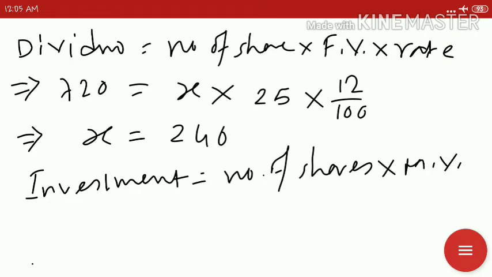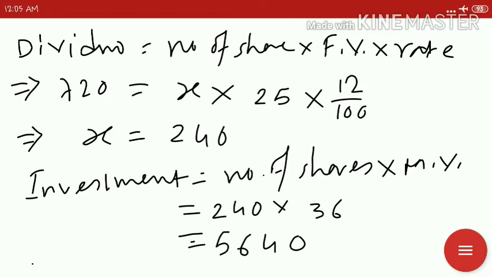Number of shares we have already found as 240 and the market value is 36. Now if you multiply, you will get rupees 8640. That is the investment, I mean the amount of sum the person has invested.